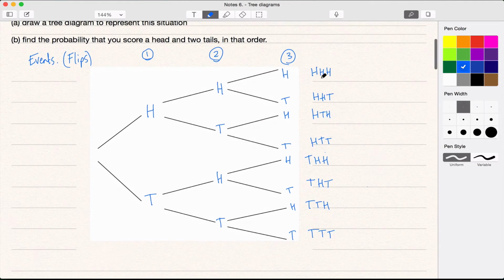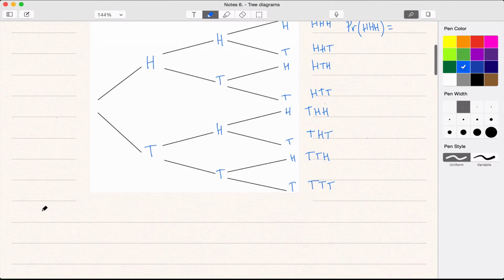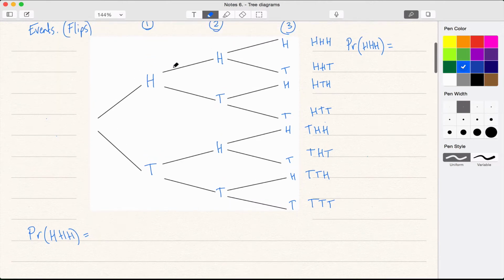If we were looking for the probability of this event happening, which would be heads, heads, heads, and I might just put the working down here, we need to look at the probability of each branch of the tree occurring.